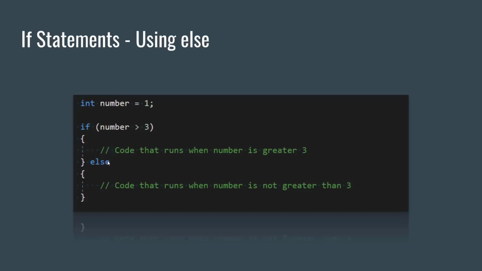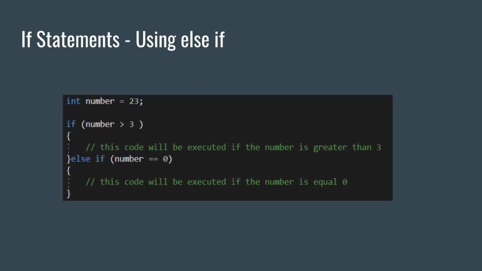If not, then go to this else. In the else, you have this little block here, and that will be executed if the conditions preceding were not met. And here it's actually the case, because number greater than 3 is not true. So we run into this else case, and the code within those curly brackets will be executed.